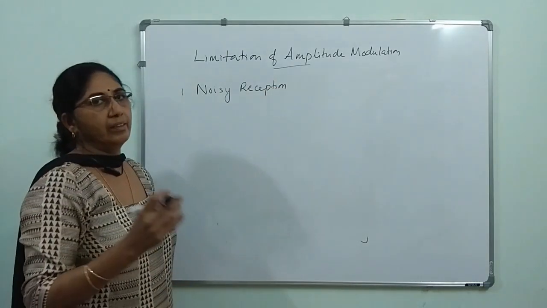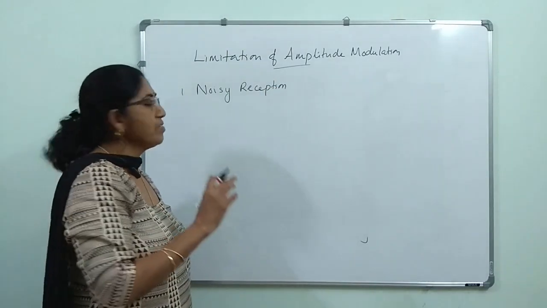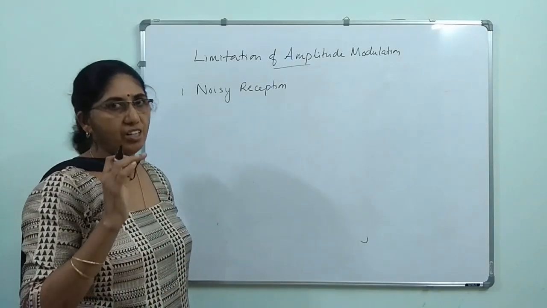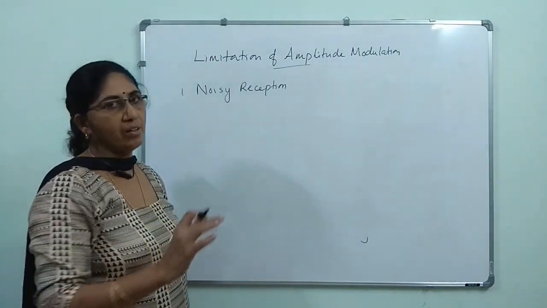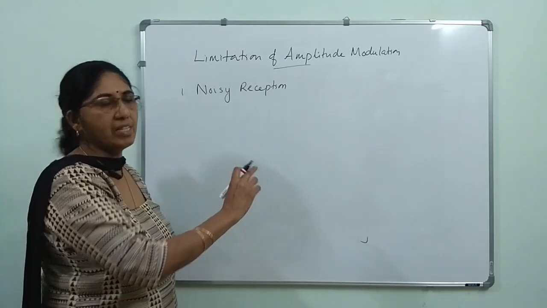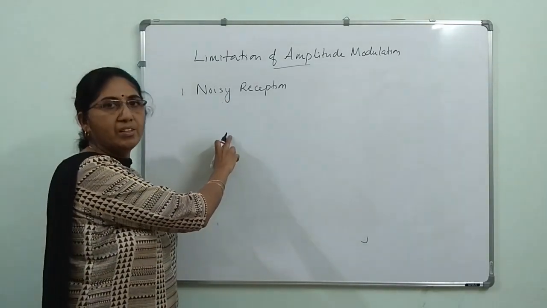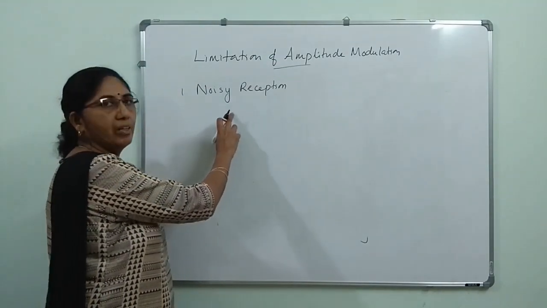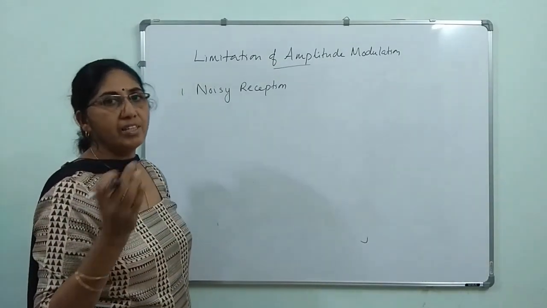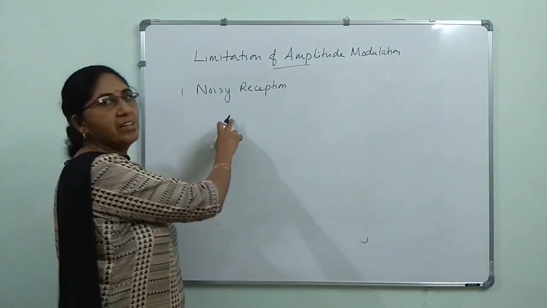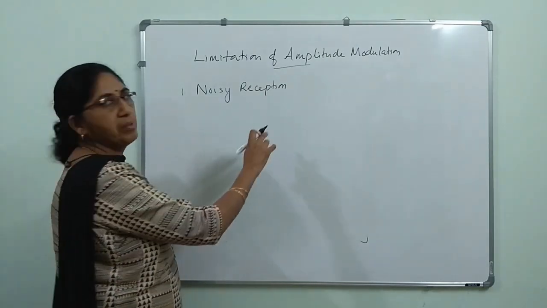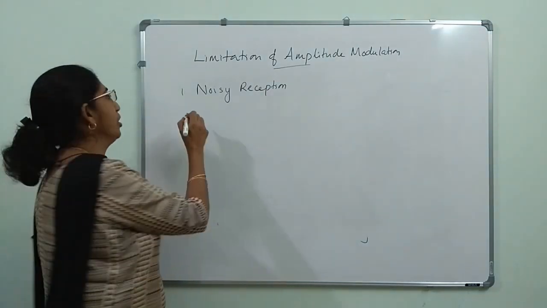That means man-made noises as well as natural noises which are of this frequency can cause disturbances in this amplitude modulation. So when external signals are coming in, your signal gets disturbed. That is why the reception becomes noisy in the case of amplitude modulation.